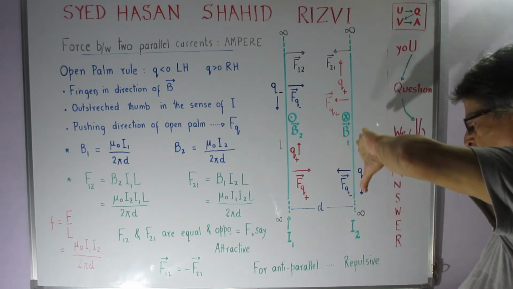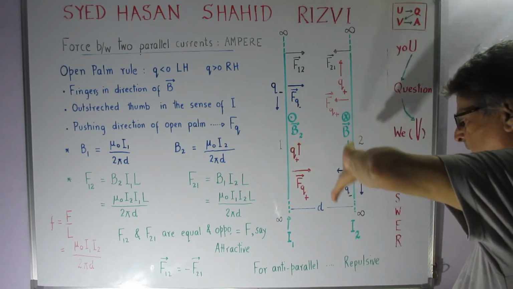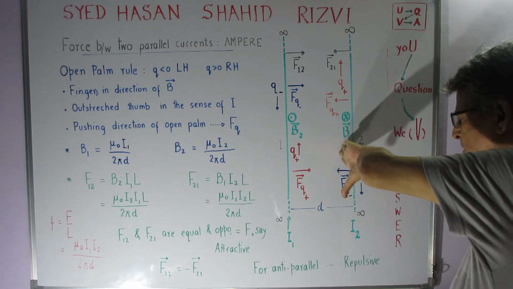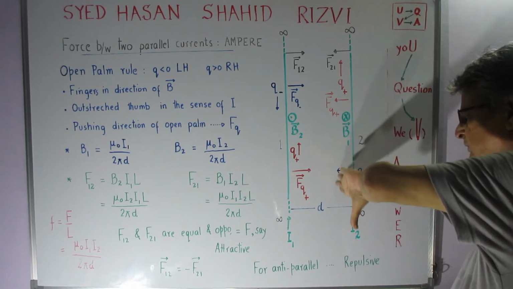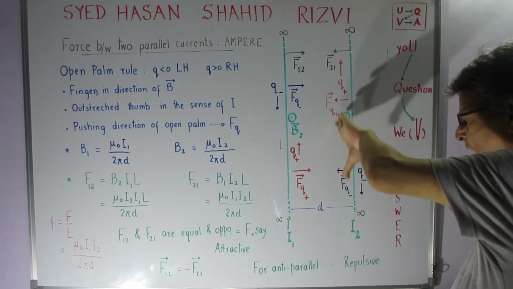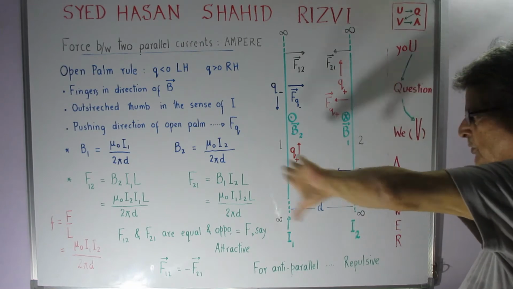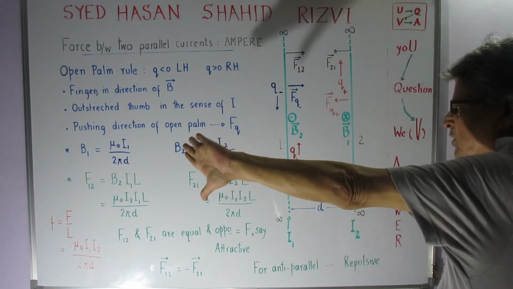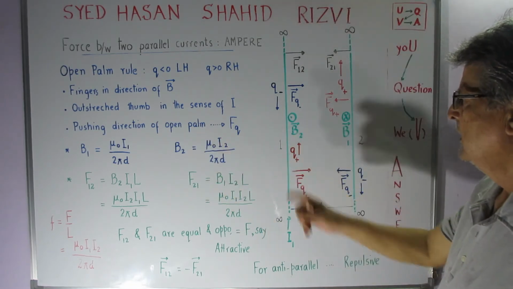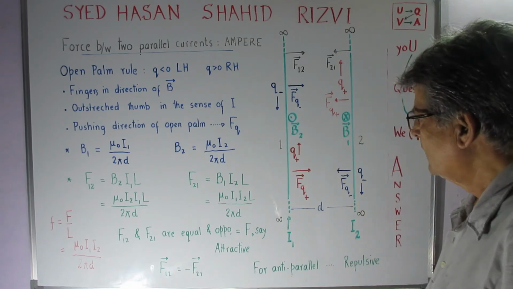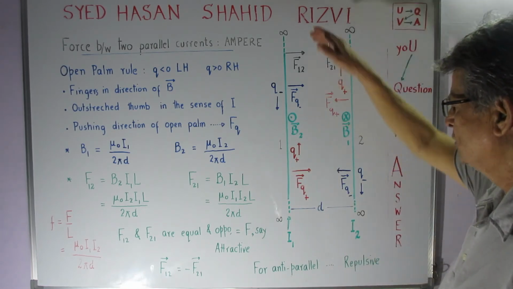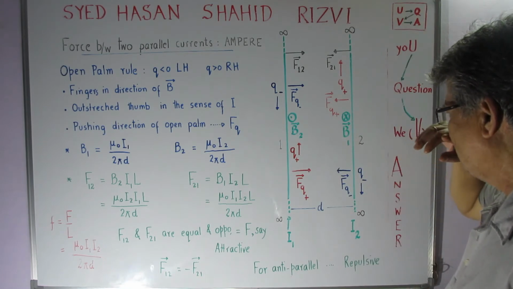And look here, it's very simple. The magnetic field is into the board, and my negative charge is moving down. So the pushing direction of the palm is towards this wire. Of course, both wires are in the plane of this board.